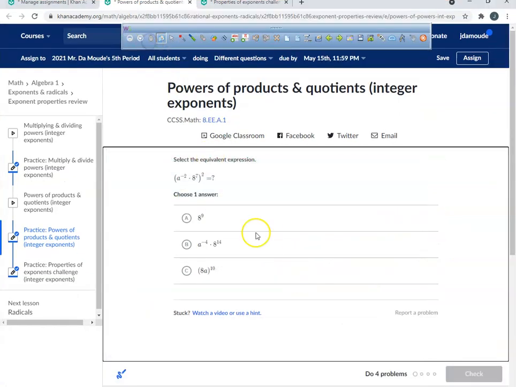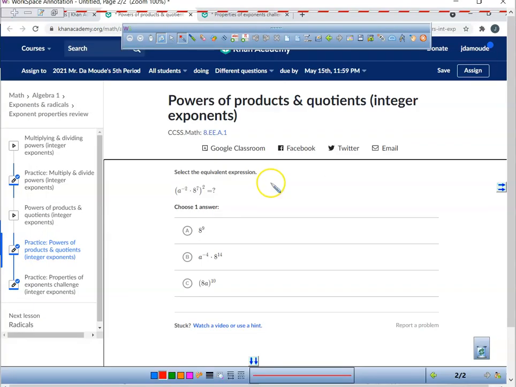So let's take a look at our problem here. If you can't see it, it says a to the power of -2 times 8 to the power of 7, and then it is being raised to the power of 2. So what is our power right there? 2. What's our power right here? 7. This is called power to a power, so I have to multiply 2 by the 7 and 2 by the -2.